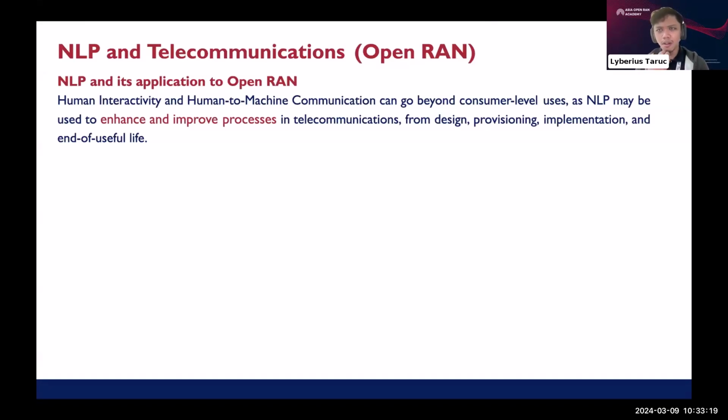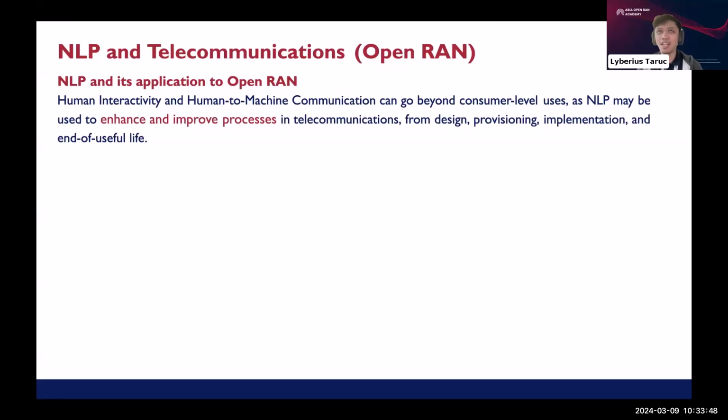You may have noticed that the majority of the discussions that we have right now primarily circle around this: yes, we have artificial intelligence at play here, but the application of AI through NLP primarily focuses on parsing text, for making sense of human language. How does Open RAN play here? Or in a much bigger picture, how can I relate NLP with telecommunications? In the telecommunications space, we also deal with human interaction. Human to machine communication plays an important role in telecommunications in general.